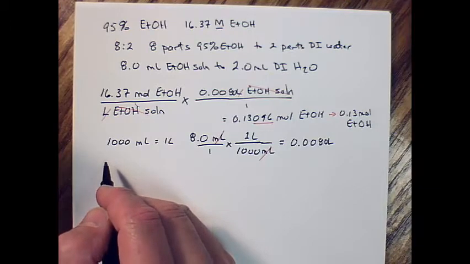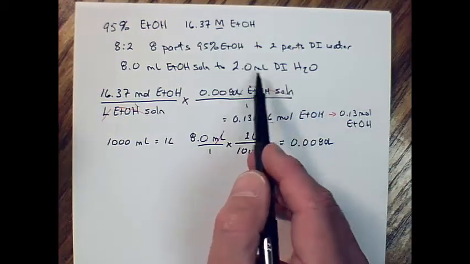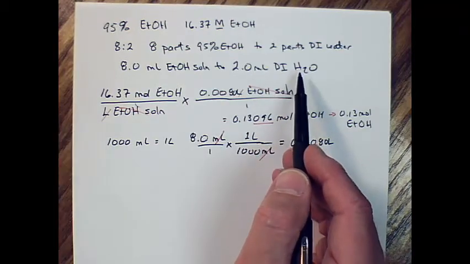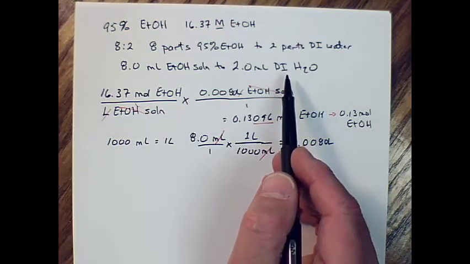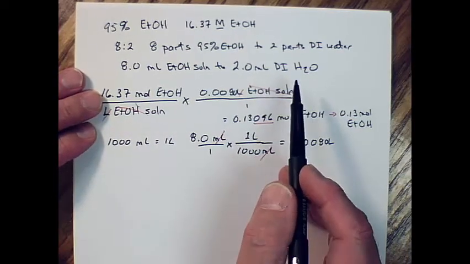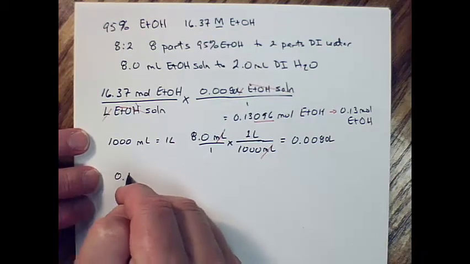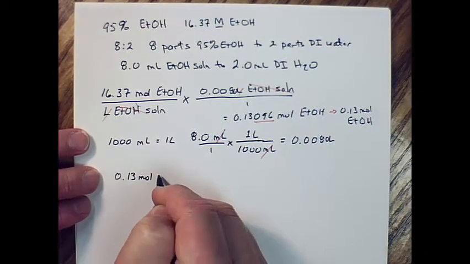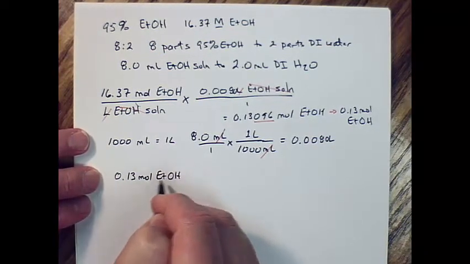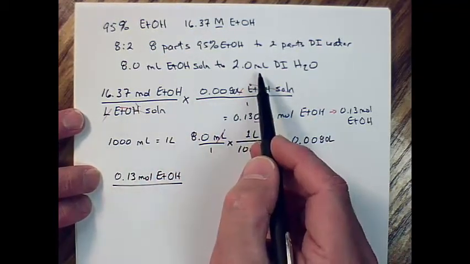So to find the molar concentration of this new solution, we also have to take into account the amount of water that was added to increase the volume of the overall solution. 8 milliliters plus 2 milliliters of solution added together is going to give you 10 milliliters. So we're going to take that 0.13 moles of ethanol and put it over the total amount of solution. Well, this is 10 milliliters.